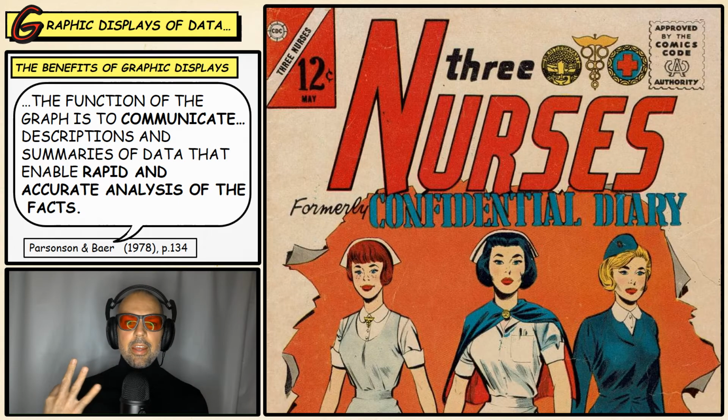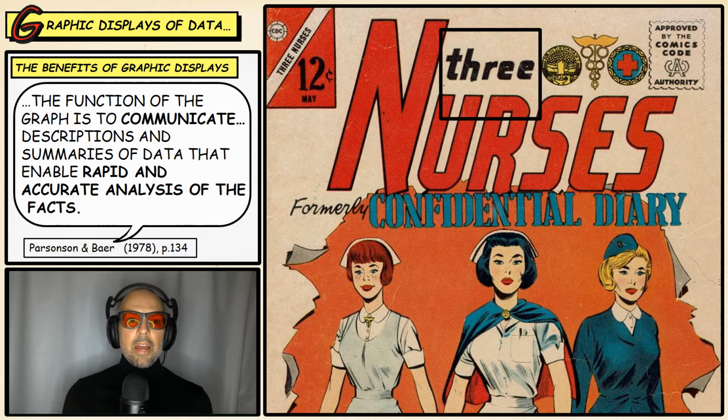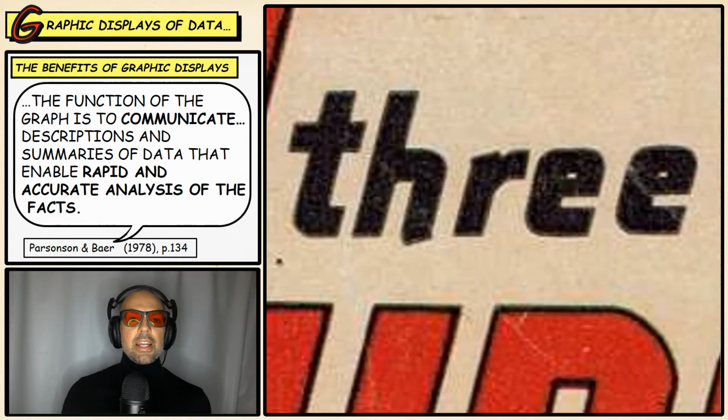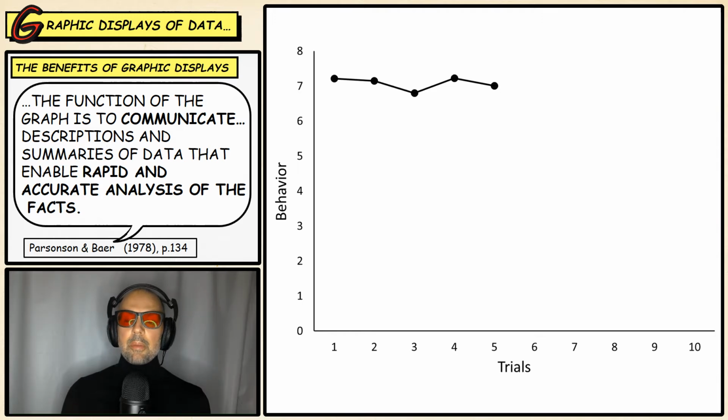Number 3. So the third benefit of graphically displaying the data has to do with data analysis. When you just have numbers, when you just have records in numbers of what your behavior is, then you need to resort to statistical analysis. But as soon as you graph it, all of a sudden you can do visual analysis. You can basically look at the data and make decisions as to whether or not your behavior has changed over time.